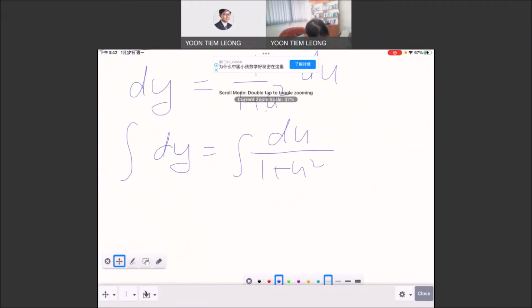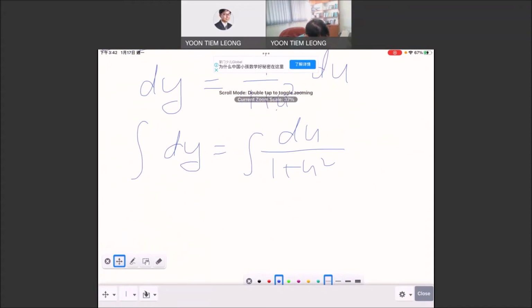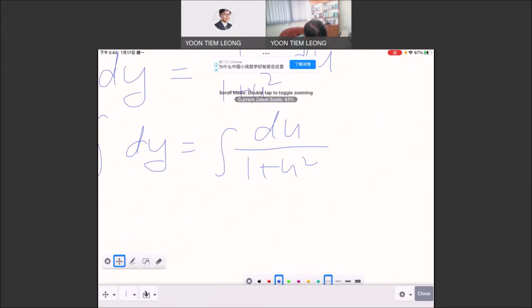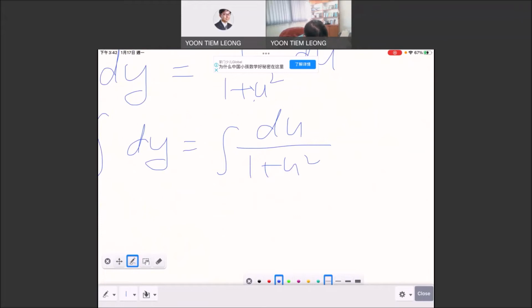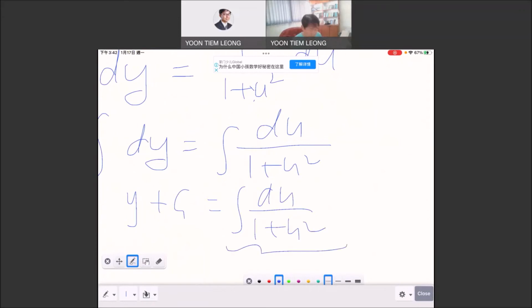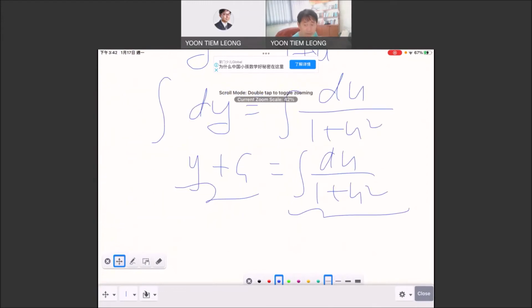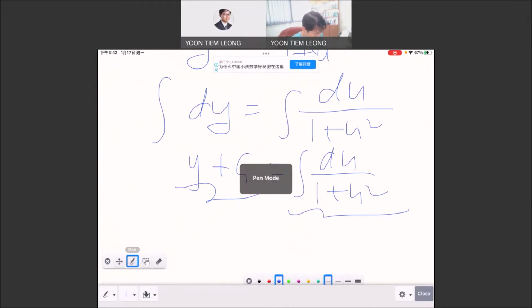So this is translated into saying that this is equal to y. Okay, so on the left hand side, this is equal to y plus c, equal to the integral of du over 1 plus u squared, right? So this is the right hand side. It's not changed, but the left hand side is just the function of y added with a constant to represent the collection of the antiderivatives represented by dy. This is actually the antiderivative of 1 with respect to the variable y, right?